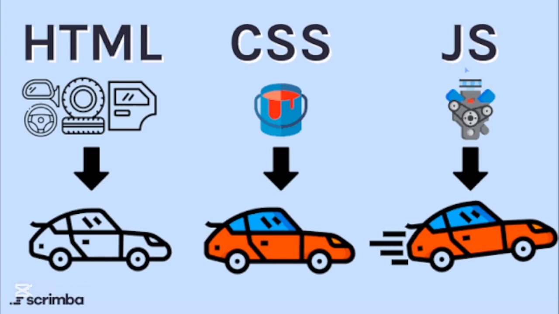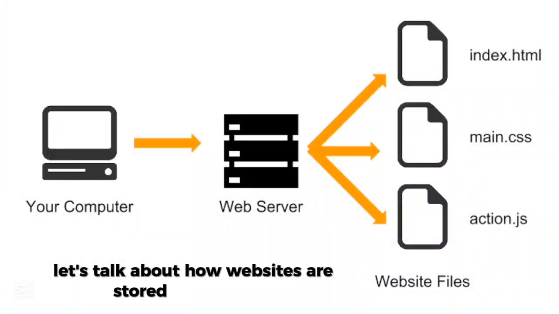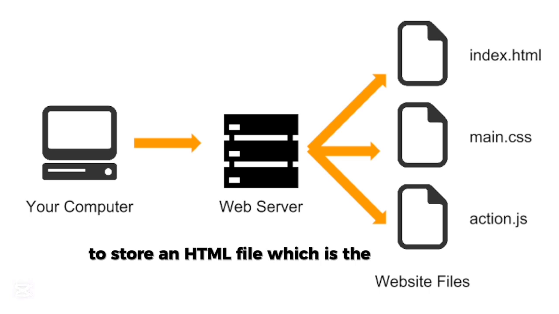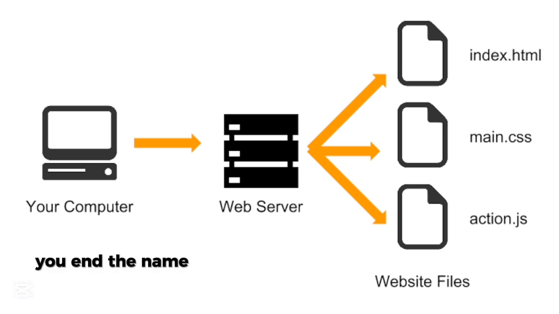Then let's talk about how websites are stored in the server. Websites are stored in the server in form of files. All the websites you see are files stored in the server. As you can see, to store an HTML file, which is the main website, you end the name of the file with .html.